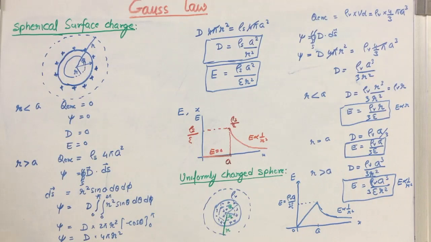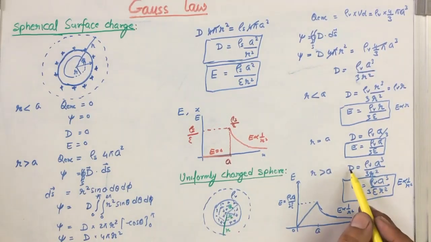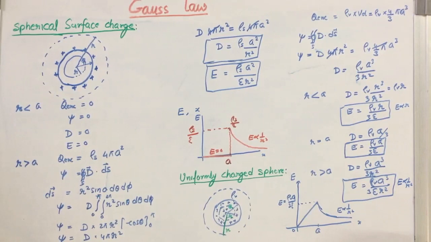So in the case of a uniformly charged sphere, the characteristics of the electric field with the position of the point of interest is this. In this way we find that Gauss law helps to determine E and D for different cases of the distribution of charges, either a point charge or any type of uniform distribution of charge.